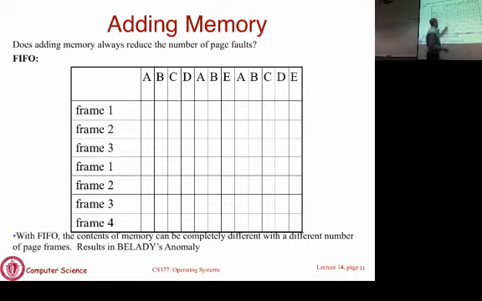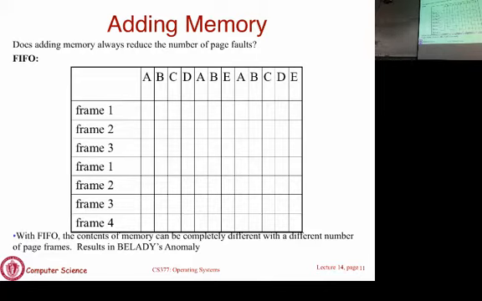So A comes in. I need to write this down. So we have A page fault, B page fault, C page fault. D also page fault.